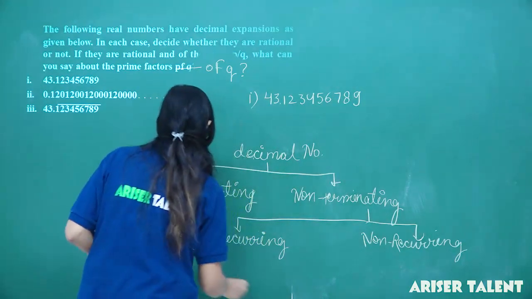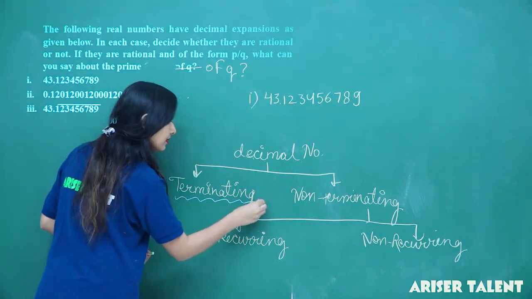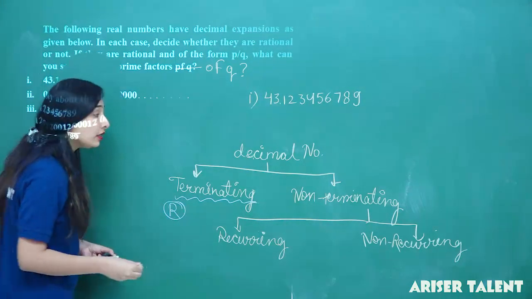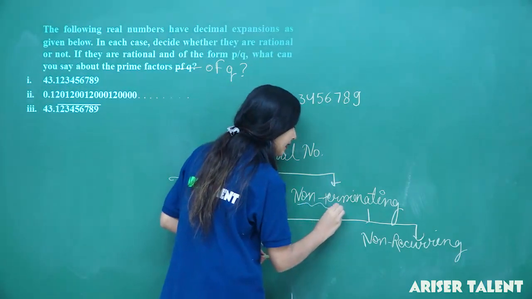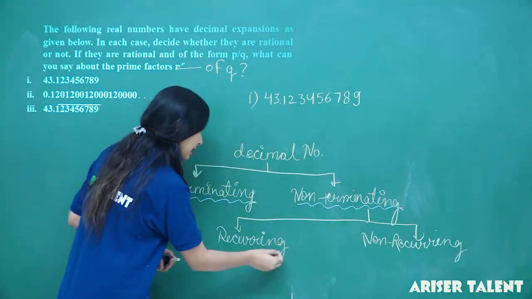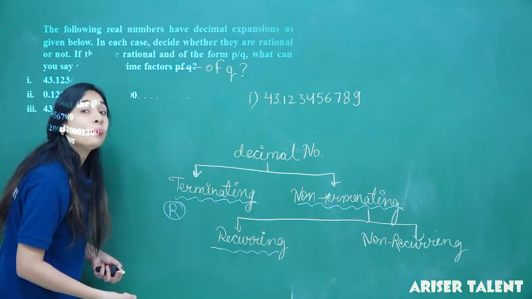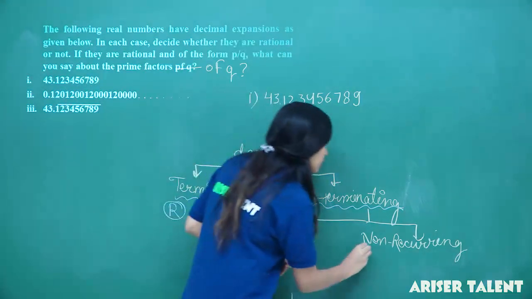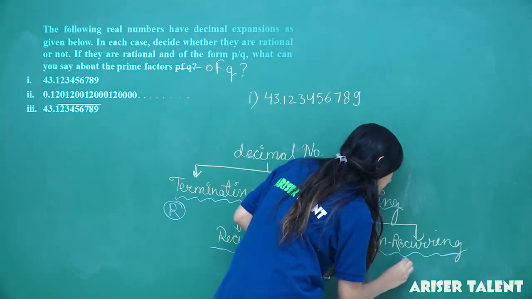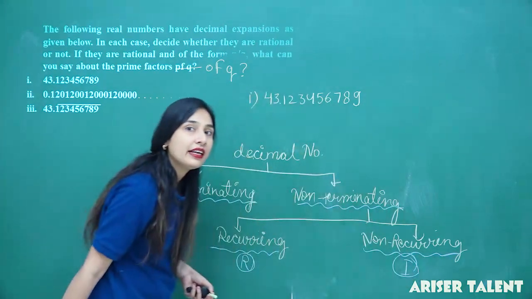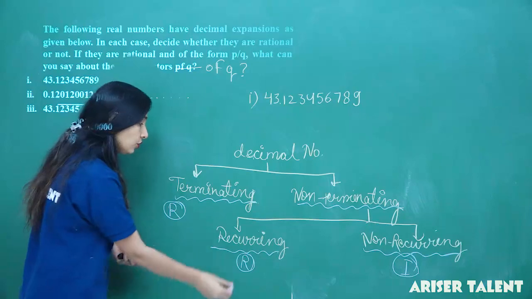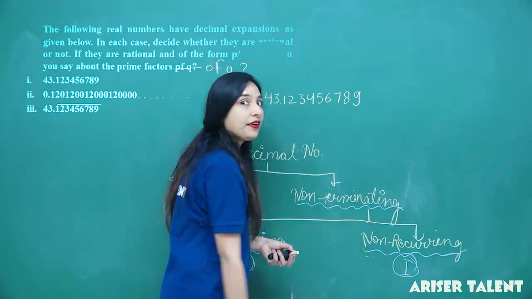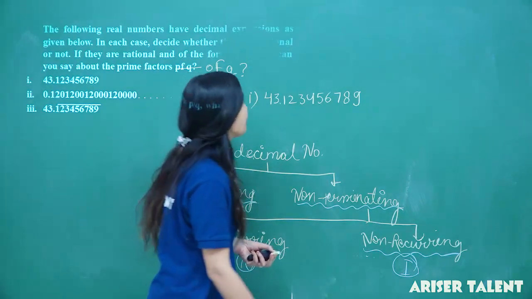Right? So what we discussed: the terminating kind is rational, the non-terminating recurring kind is rational, and the non-recurring type is irrational. Okay, so these two can be written in the form of P by Q, but this cannot be written in the form of P by Q, right?